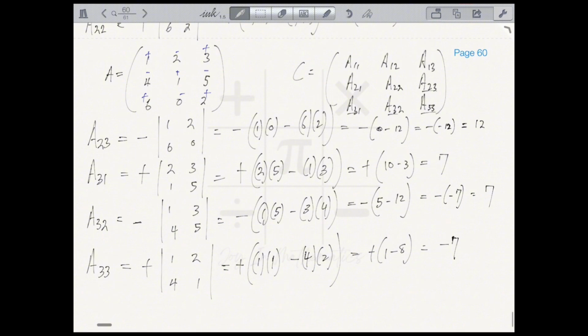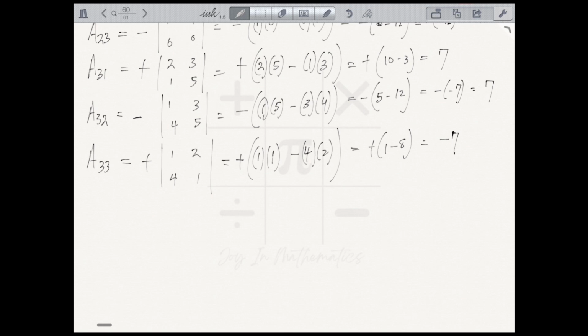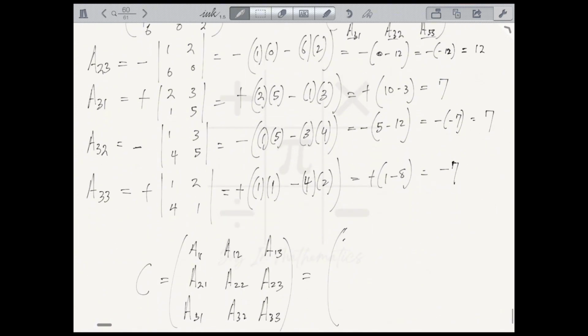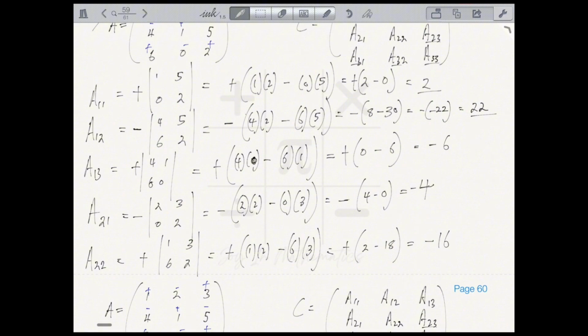We have evaluated all the cofactors. The next thing to do is to put them all in the matrix. We know that the cofactor is A11, A12, A13, A21, A22, A23, A31, A32, and A33. So we substitute the values. A11 is 2. A12 is 22.